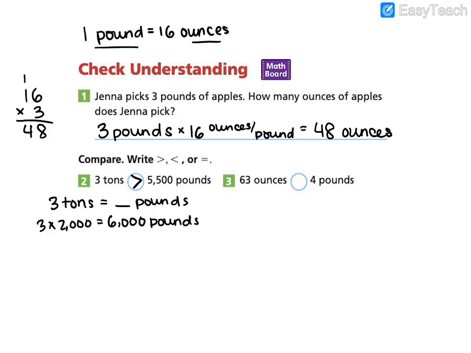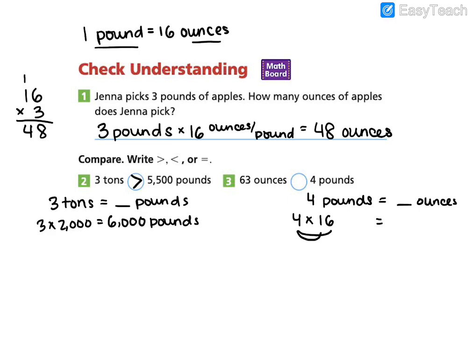And for number 3, we're going to look again at ounces and pounds. We need to find how many ounces are in 4 pounds. In order to find that, we're going to take our 4 pounds times 16 ounces. I know that 4 times 10 is 40, and 4 times 6 is 24.